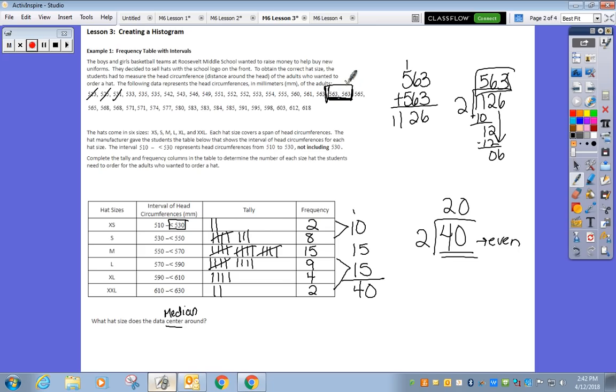If they were different, we would get a number that falls directly in between those two numbers, and that would be your median. So our median is 563, so we would need to find which interval that 563 would fall in. It's greater than 550, but it's less than 570, so the median would fall in the medium hat size.